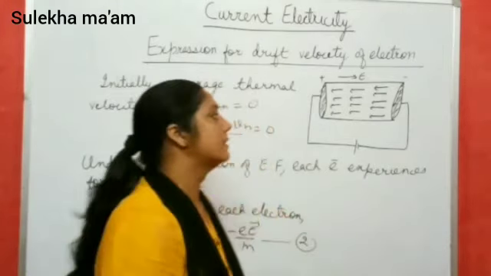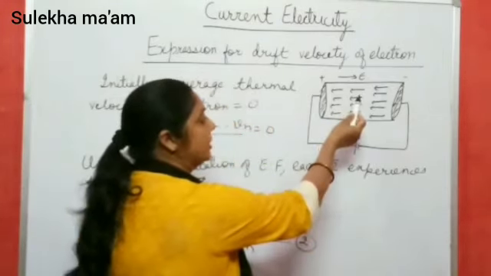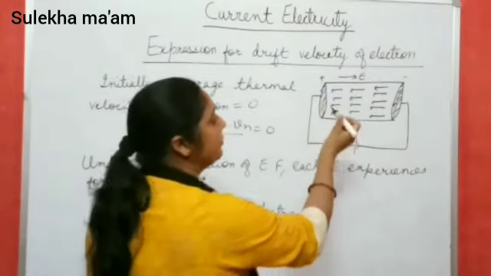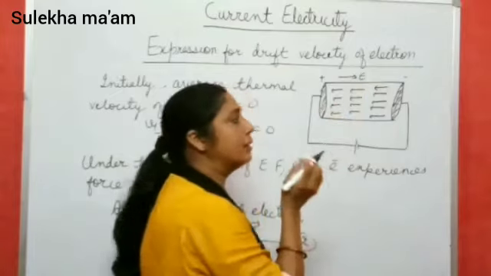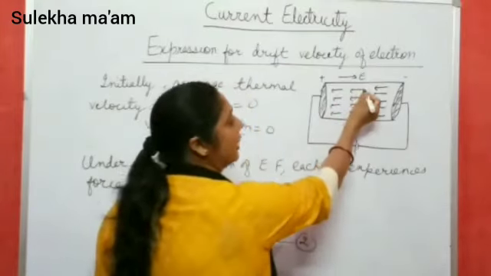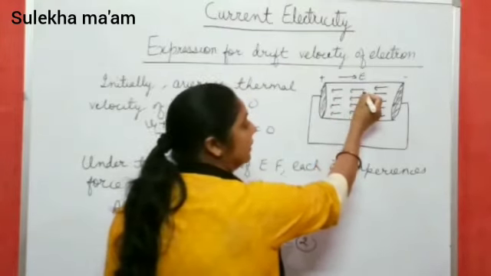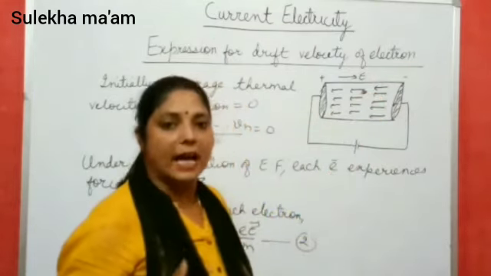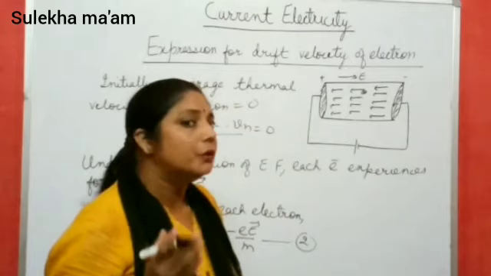But what happens? The gained velocity is reduced due to the collision of this electron with the positive ions in the path. What happens? When an electron moves ahead, it leaves behind positive ions, because positive ions are heavy and they are not able to move.